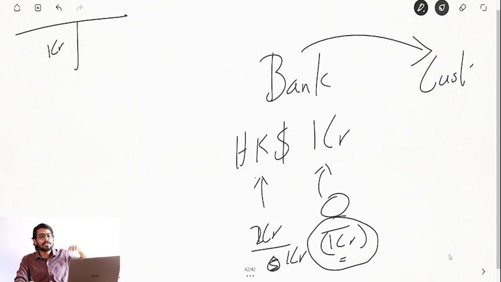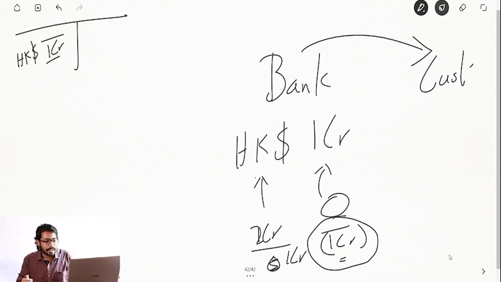You are a bank, you have thousands of crores of liability. However, this is in Hong Kong dollars. You have a foreign liability which is a source of risk. Because when you repay this 1 crore Hong Kong dollars, you don't know what the exchange rate will be.